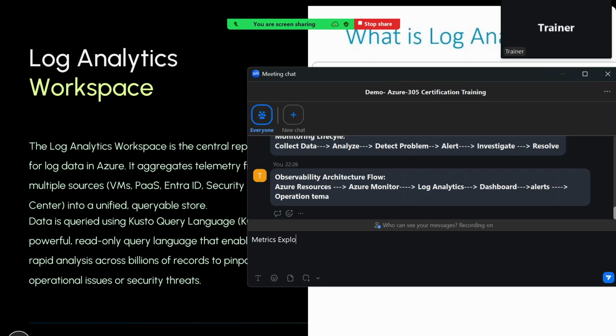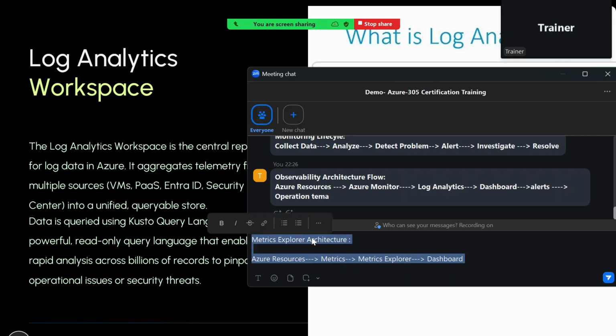Metrics Explorer architecture looks like this: Azure resource, then it goes to metrics, then it goes to Metrics Explorer, then it goes to dashboard.